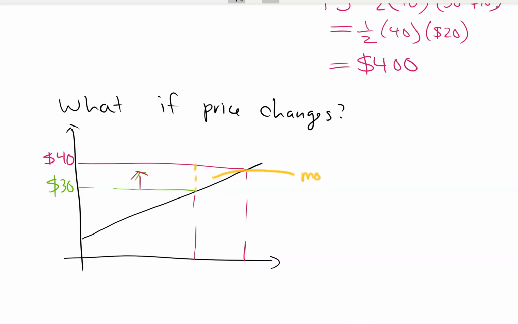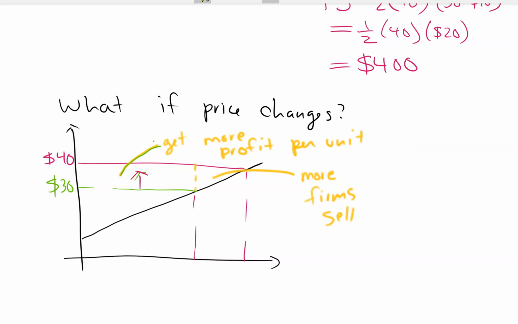So one reason for more producer surplus is that more firms can sell, right? The firms that weren't even selling before now get a chance to sell. They're happy with that situation. And then the second thing is we get more profit per unit because they're getting a higher price per unit.